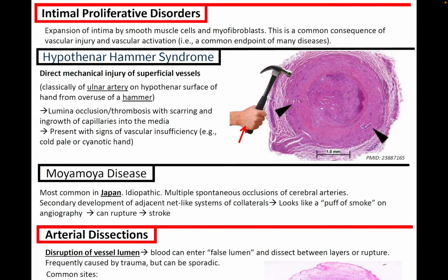So the next category are intimal proliferative disorders. In these, you have expansion of the intima by smooth muscle cells and myofibroblasts, and this is a common consequence of vascular injury and vascular activation, such as a common endpoint of many diseases.